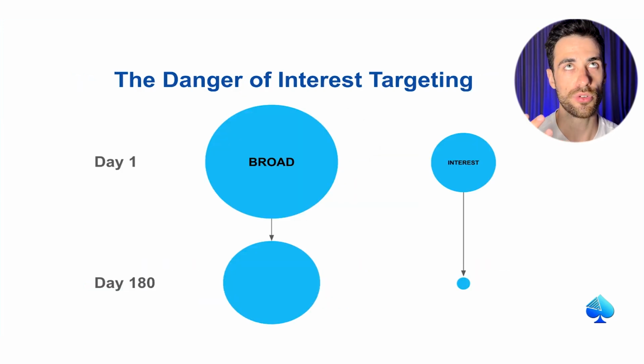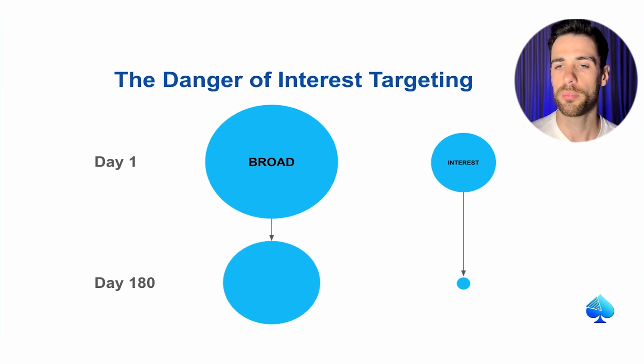But if you're using interest targeting, or if you're setting a very small age range or a very specific gender, whatever, over time that audience size is going to decrease. When it's broad, it's not a huge problem. So like day one, we've got a big audience. Day 180, we've refined that audience to people based on the machine learning that the platform knows will convert. It's getting a lot better at that process.